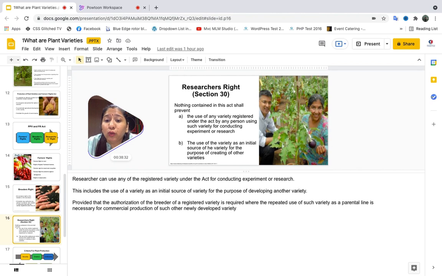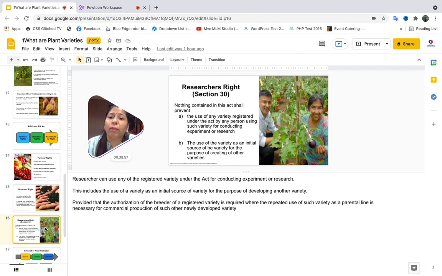This would include the use of variety as an initial source of variety for the purpose of developing a new variety. Let's say I am a researcher and I want to develop a new variety. I would take a proper authorization from the breeder, or I would take a proper authorization from the farmer so that I could use it in conducting experiments or in conducting research or for the development of a new variety.